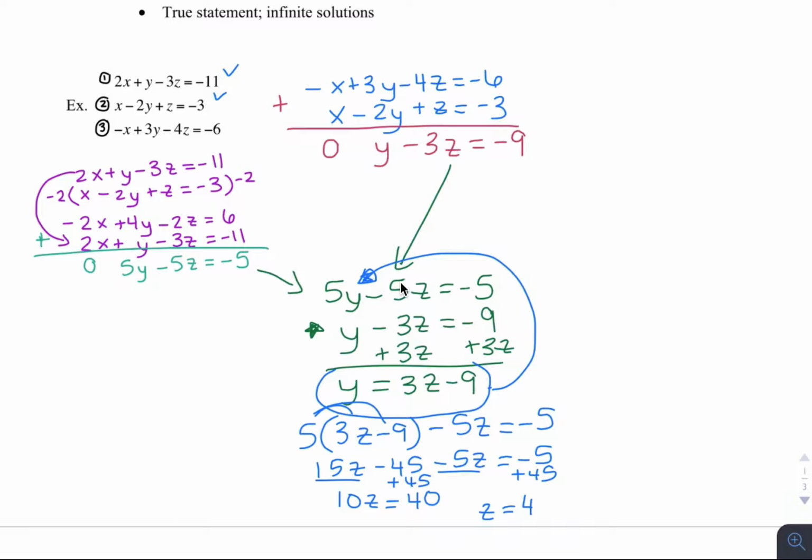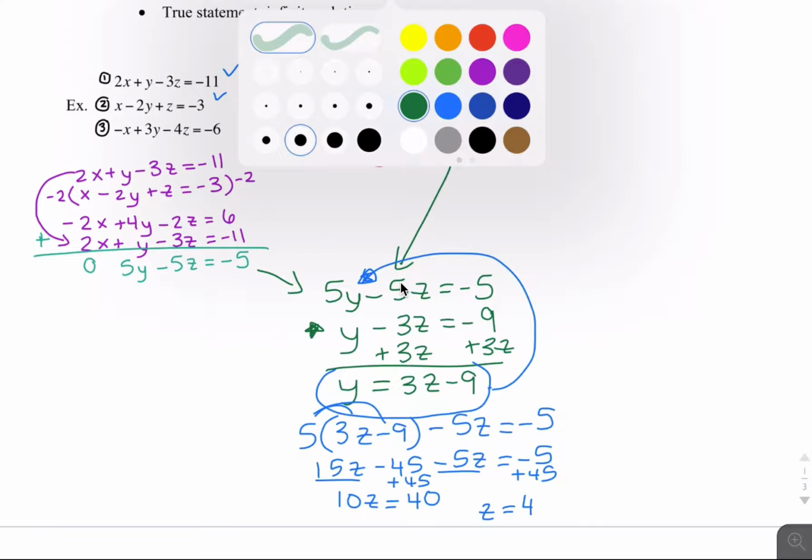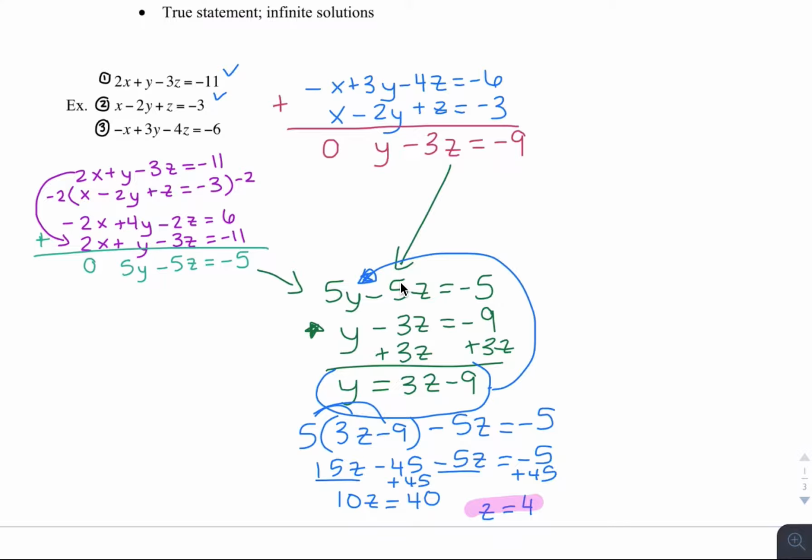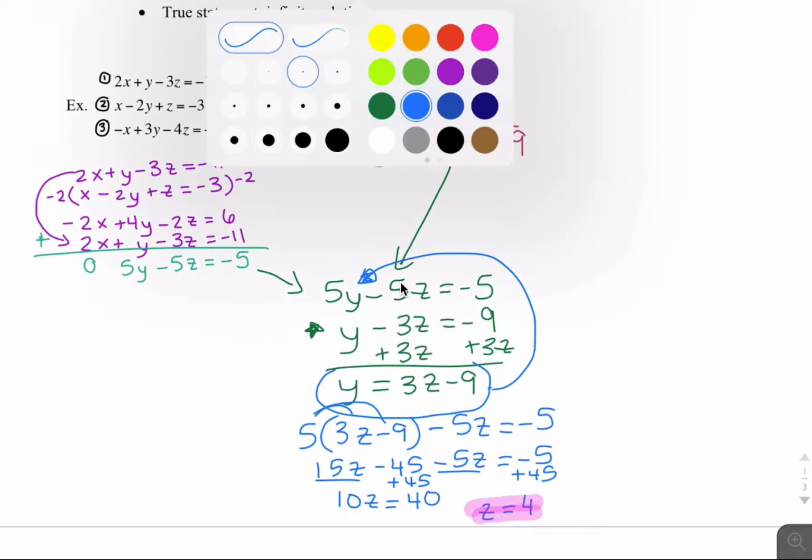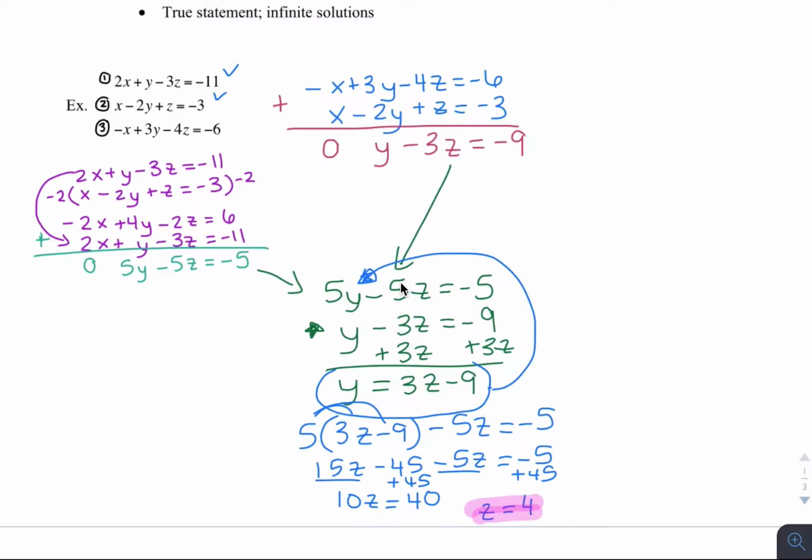Now that I've solved for z, I'm going to take that z equals 4 and plug it into one of the systems of 2. So I can plug it into either y minus 3z equals negative 9 or 5y minus 5z equals negative 5. I'm going to plug it into y minus 3z equals negative 9.